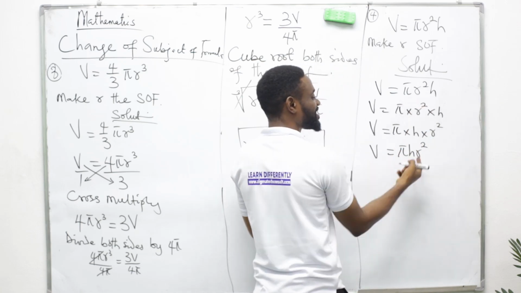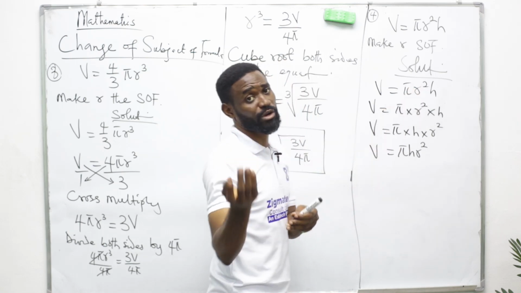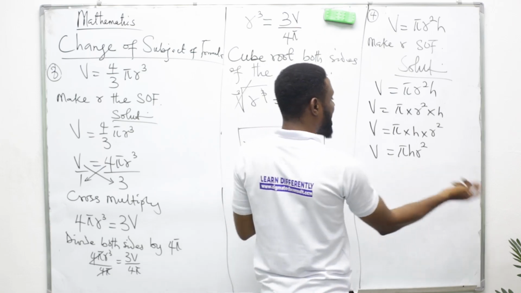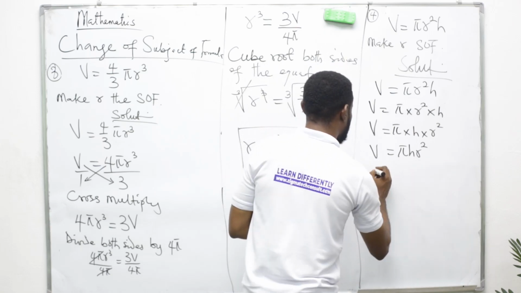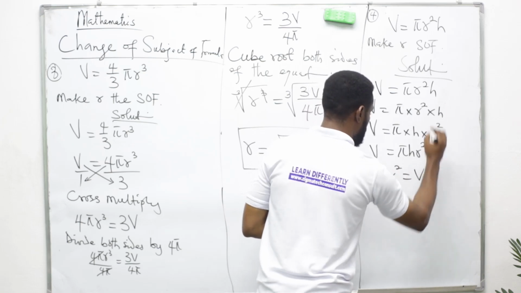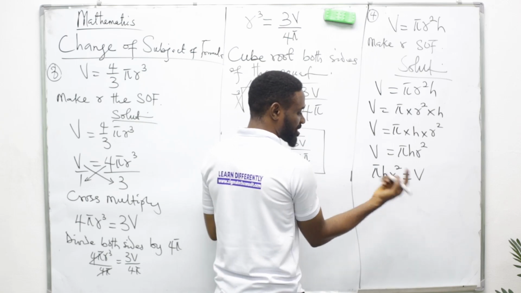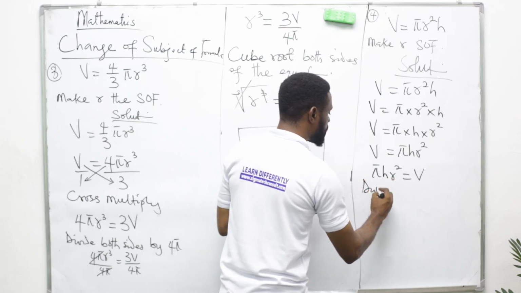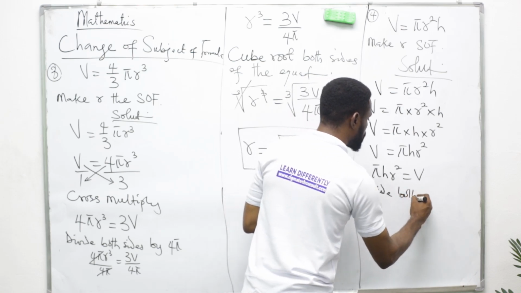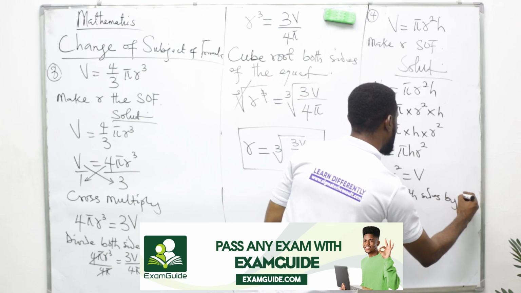Now this is still the same thing as this. I could have just done it, but I just wanted you to understand why I did it in multiplication. All right, so now this can be written as pi h r squared is equal to v. Now, we want to make r stand alone. So divide both sides by pi h.